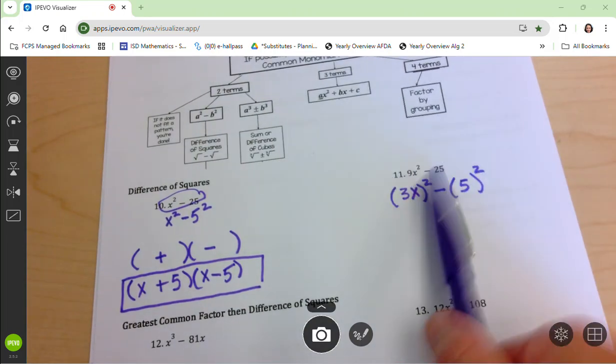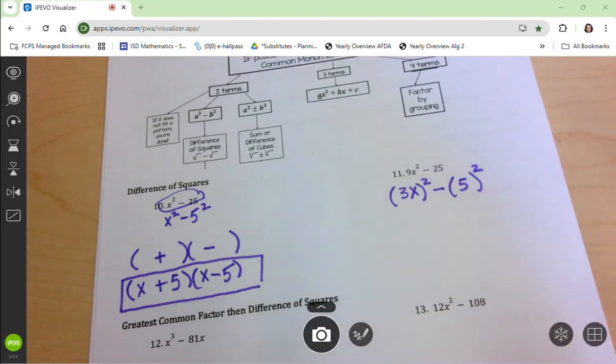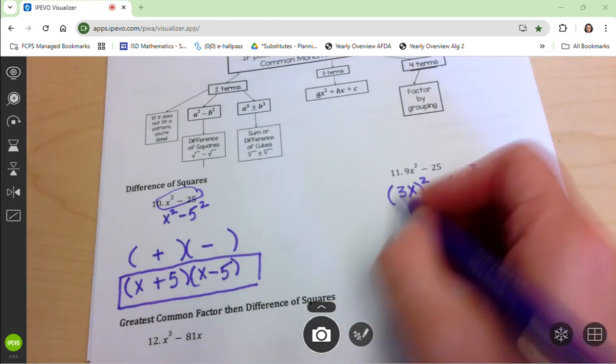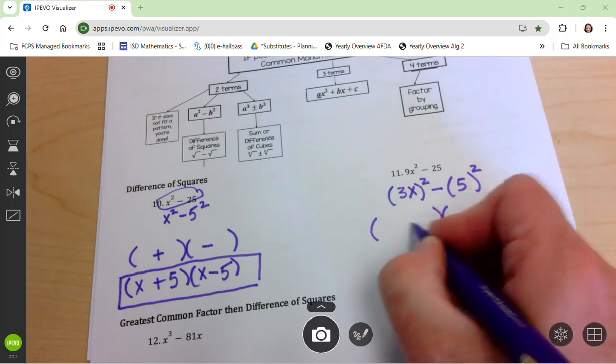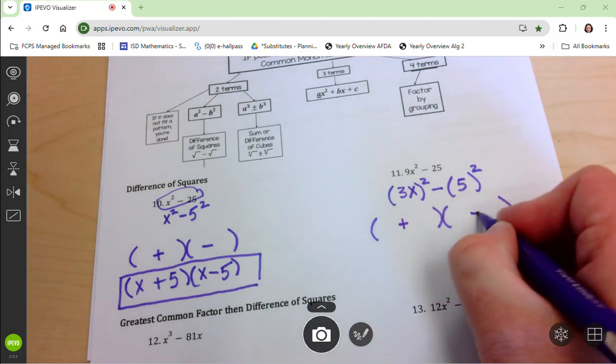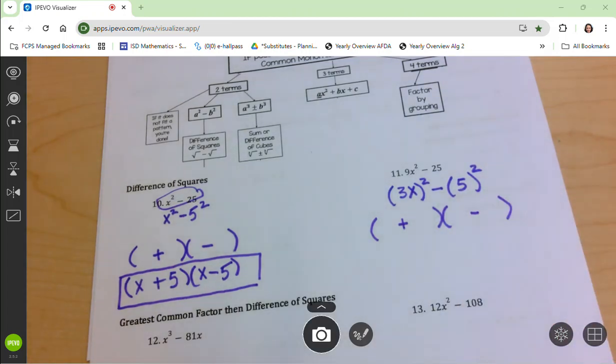So if I square the 3, I get 9. If I square the x, I get x squared. Now you're going to use those 2 terms in your plus minus pattern. So take a moment and fill it in. Follow the pattern. Difference of squares always has a plus minus pattern. You need to do an extra step there, okay?